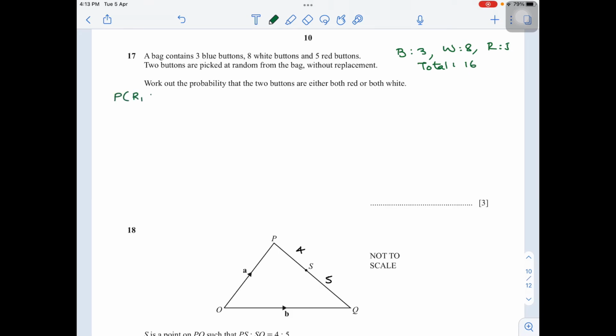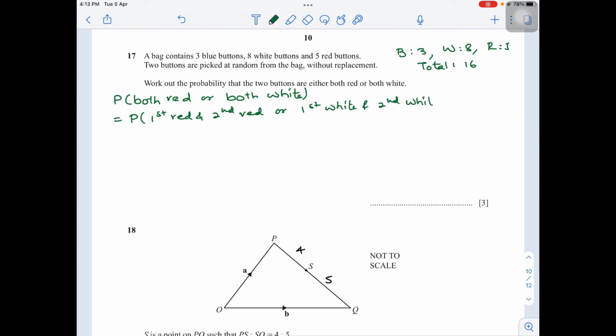Probability of both red, R1, R2. Okay, let me write like this. Probability of both red or both white, which is same as first red and second red, or first white and second white.